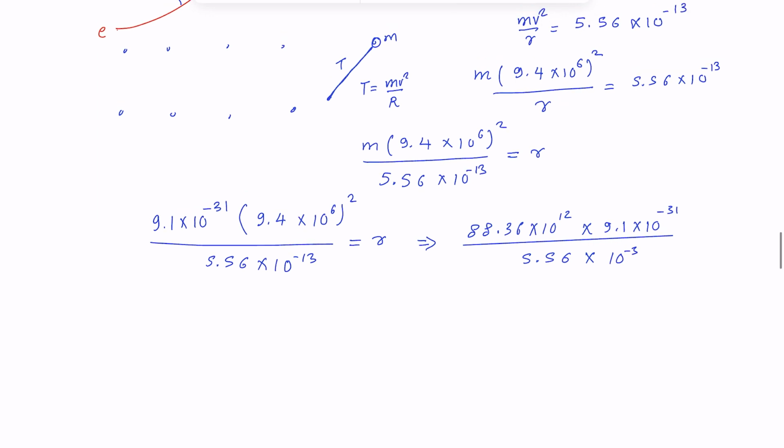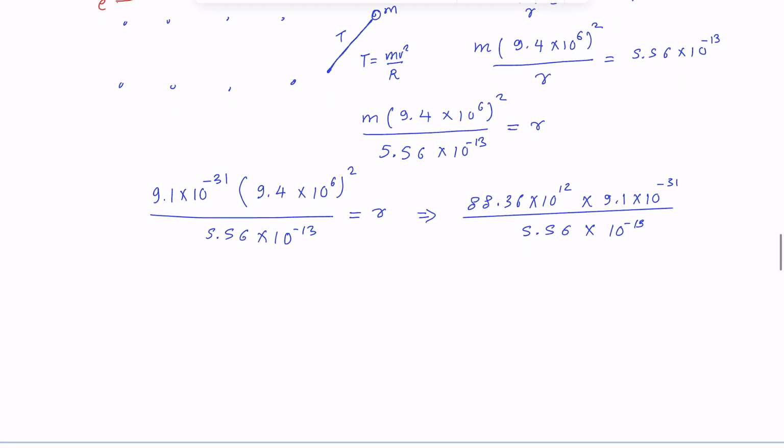This is for sure minus 13, and this will be 144.61 times 10 to the minus 31 plus 12 plus 13.